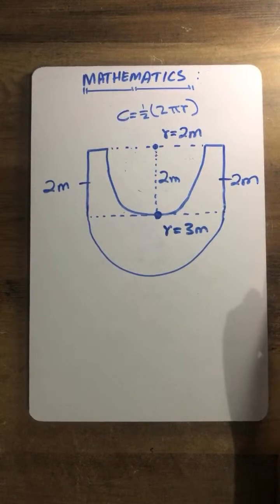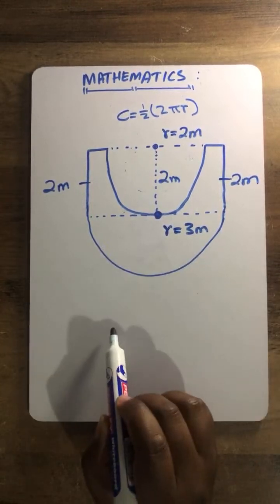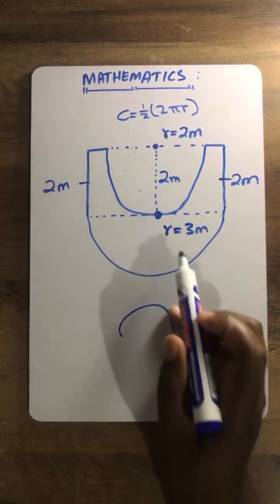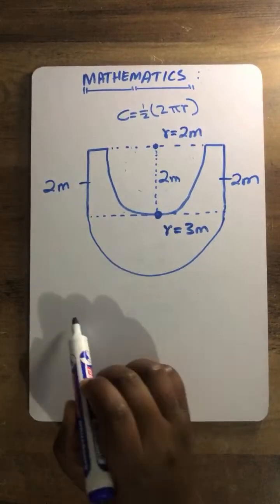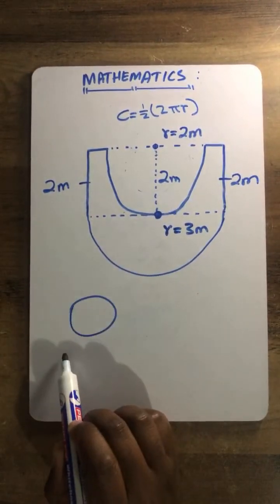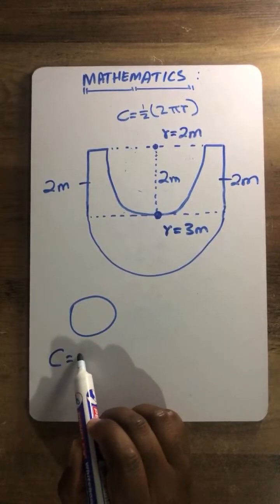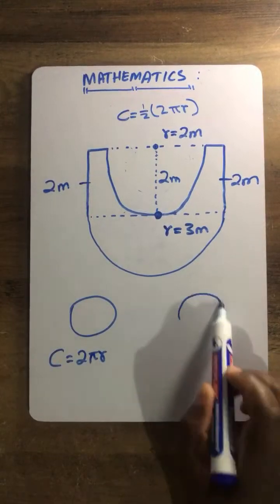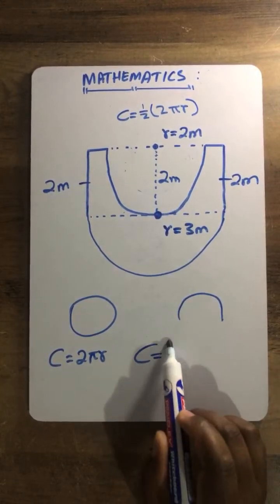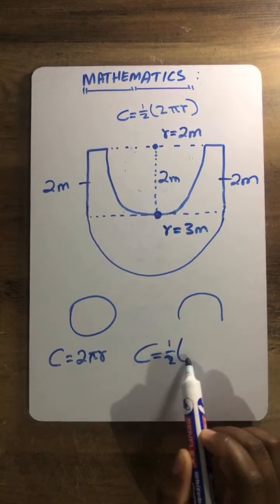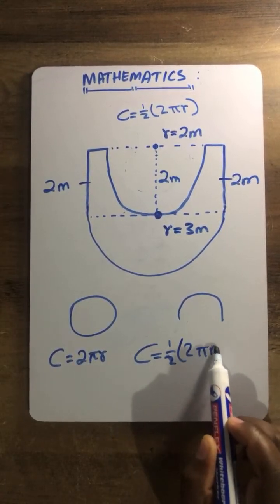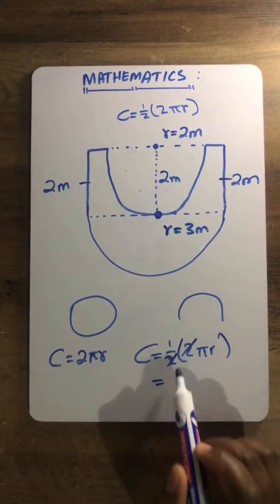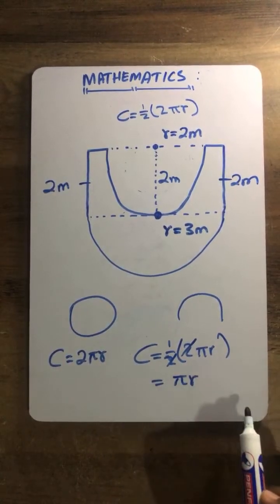So let's make a conclusion: if we have a full circle, we know the circumference is 2 pi r. But if it's half, the circumference is half of a full perimeter, which is what that cancels with that, then it is just pi r.